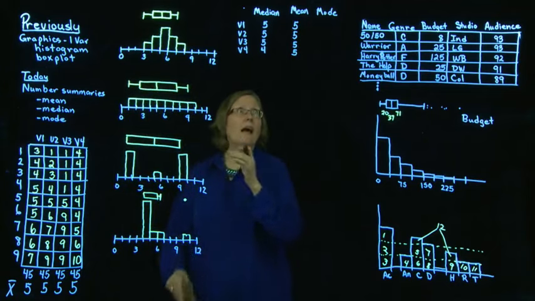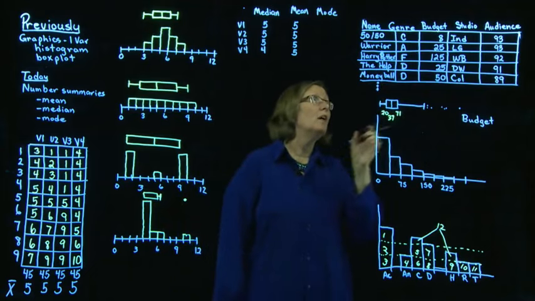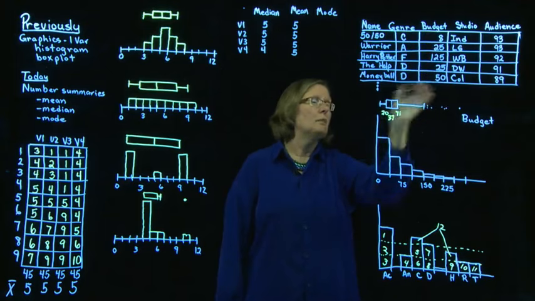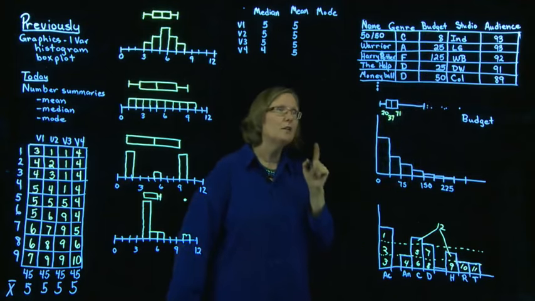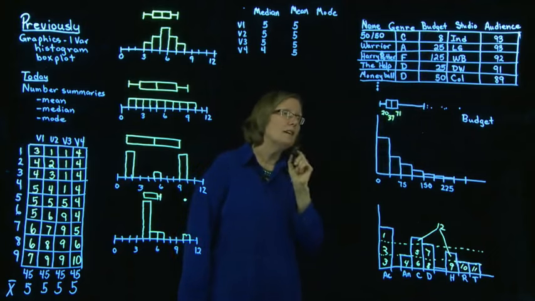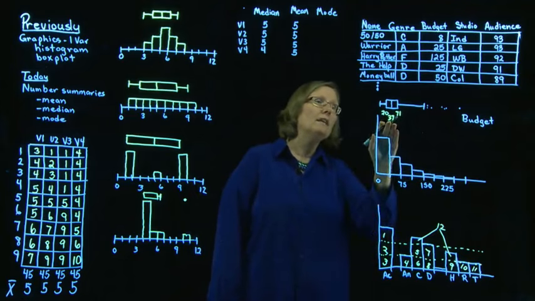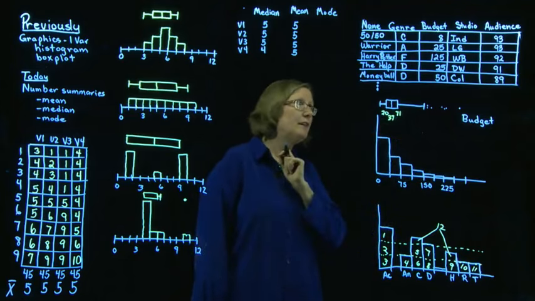Now let's look at the production budget of our movies data set. Recall that the production budget was the millions of dollars required to produce that movie. We see that we have a very skewed histogram. The median, or the 50th percentile, was 37.